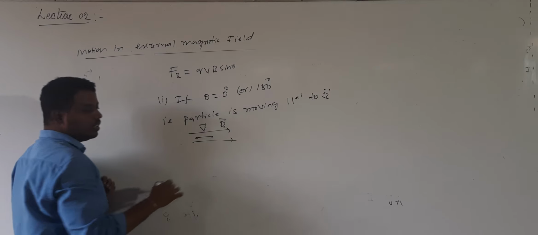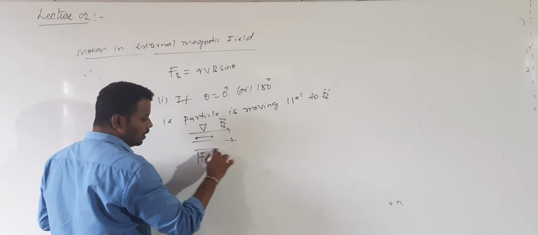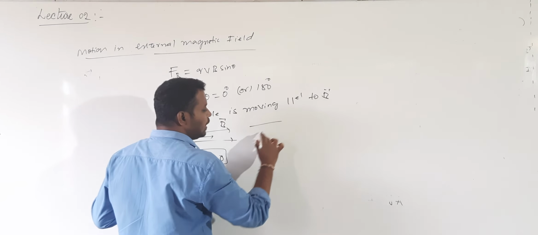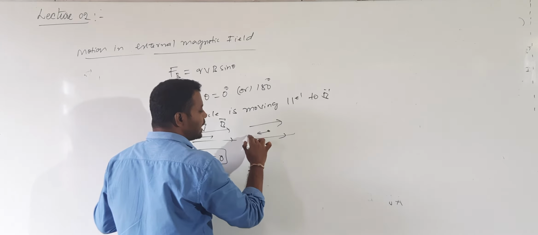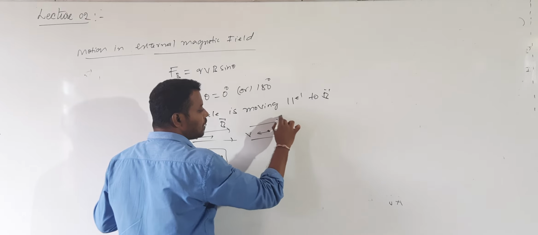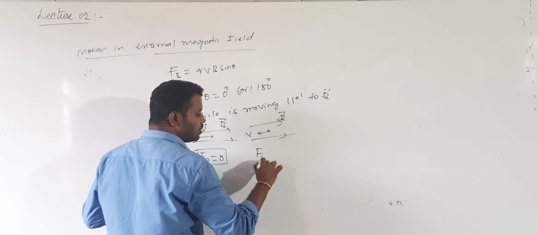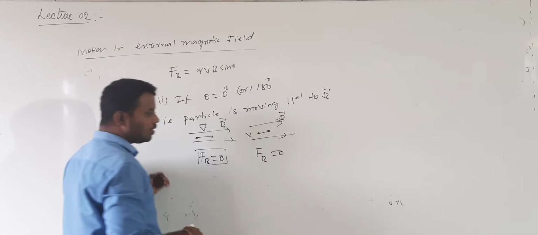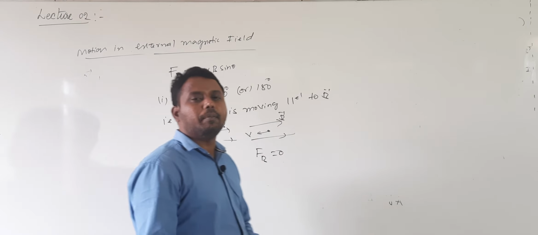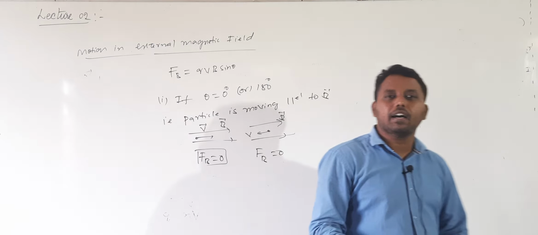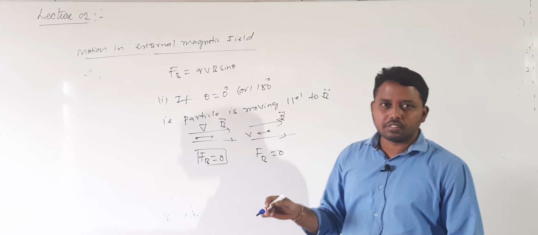Theta value 0, so what happens to FB? FB value is 0. Similarly for theta 180, the particle is moving in a direction opposite to B bar, so theta value is 180, and FB value is 0. What does it mean? If a particle enters the magnetic field parallel to B bar, the particle will not experience any magnetic force.